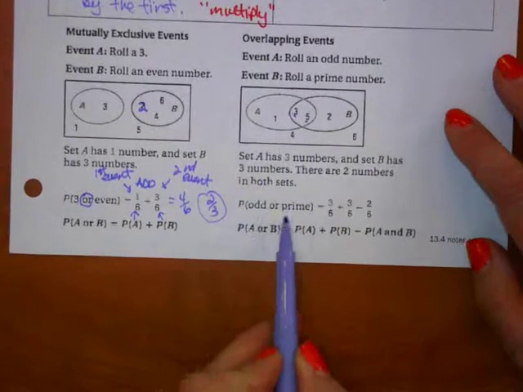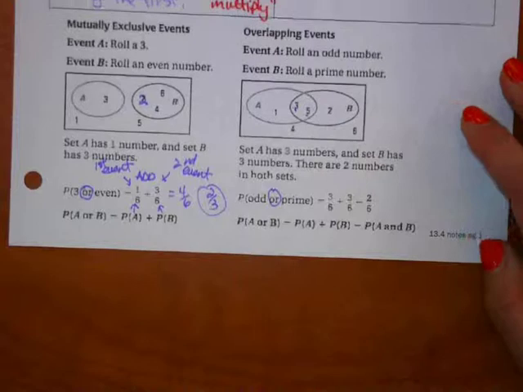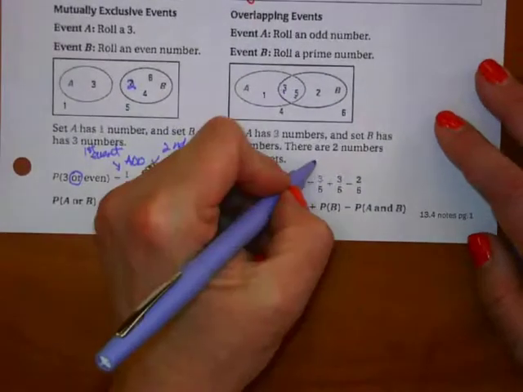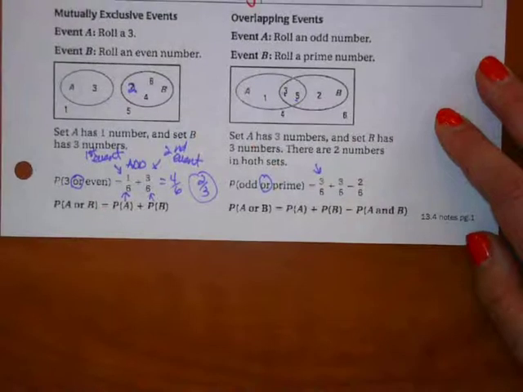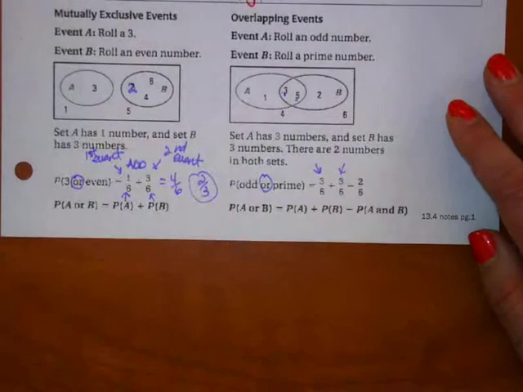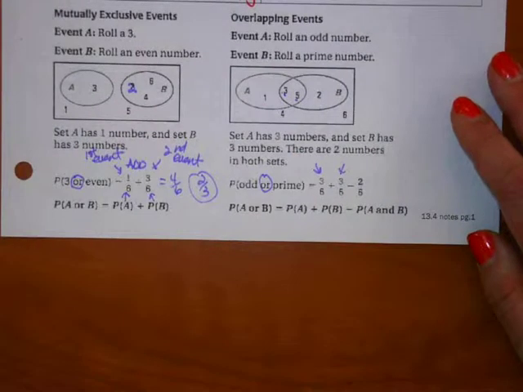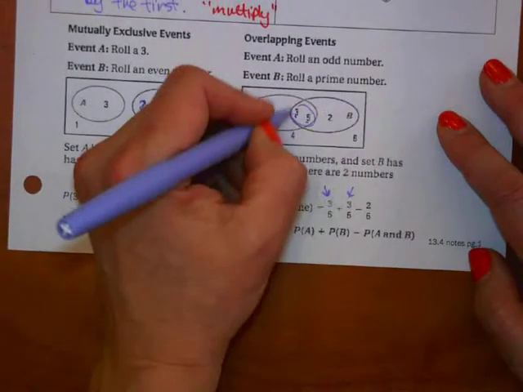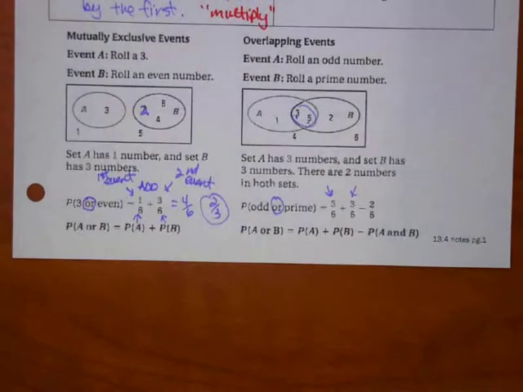Probability of an odd or, there's that word or again, a prime. Now, I'm adding the probability of getting an odd number, which is 3 out of 6, to the probability of getting a prime number. But the 3 and the 5 meet both of those requirements, don't they? So we can't count the probability of getting the 3 and getting the 5 twice.